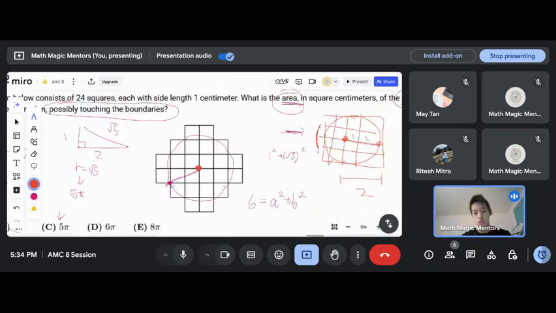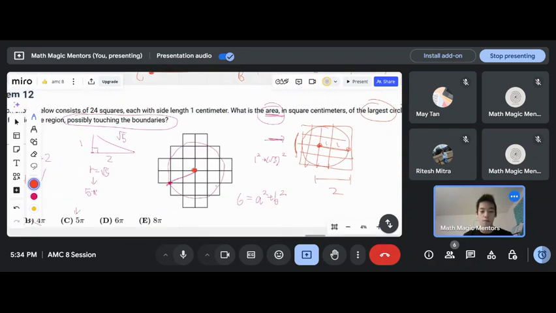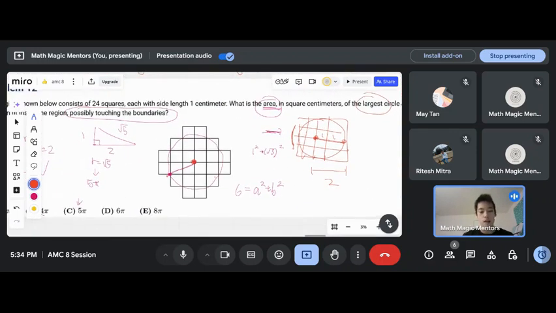So we should have an intuitive sense that 5 pi is our answer.